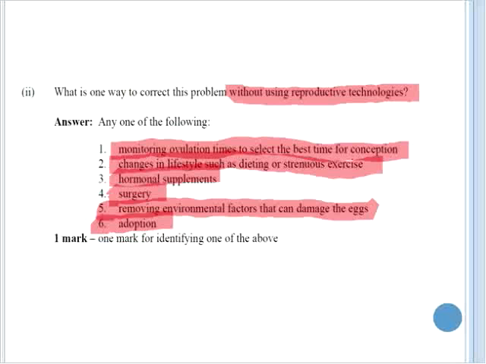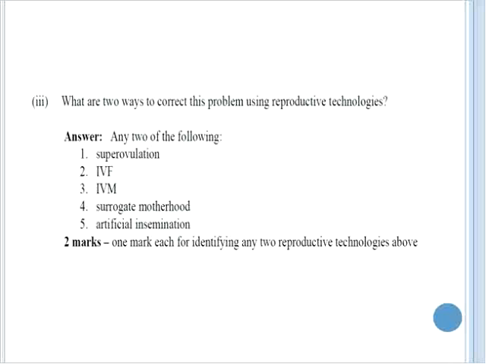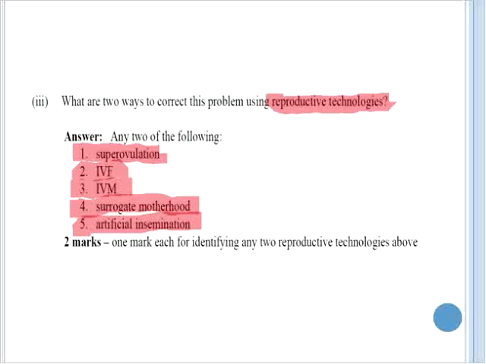Any one of these would have been acceptable for 1 mark. And Part 3 asks you to use reproductive technologies. Any two of the following: superovulation, in vitro fertilization, in vitro maturation, surrogate motherhood, or even artificial insemination. Any two of those would have been acceptable for 2 marks.